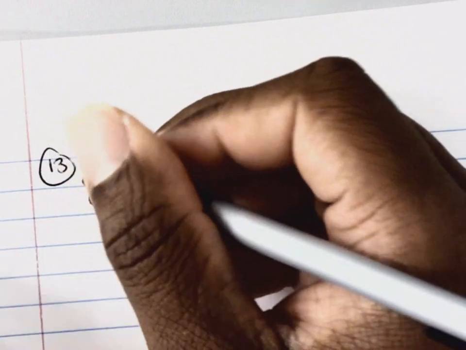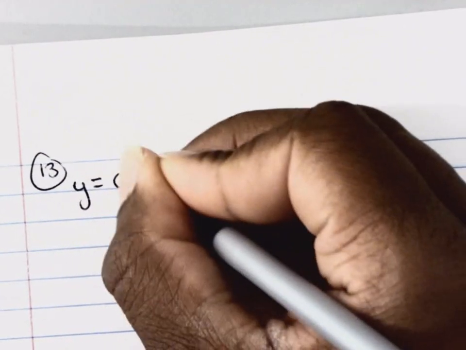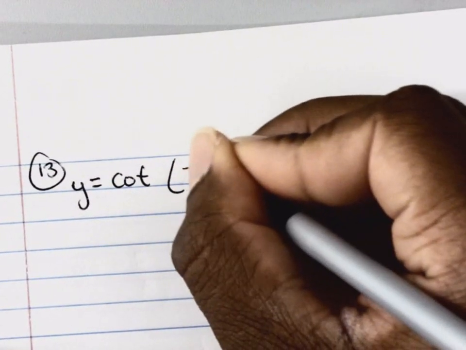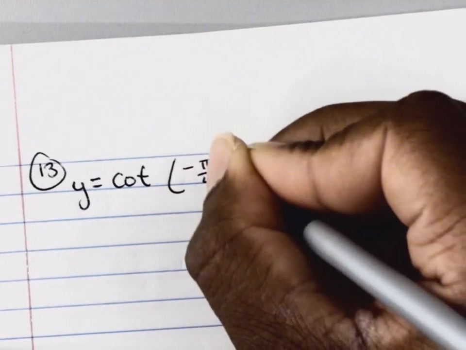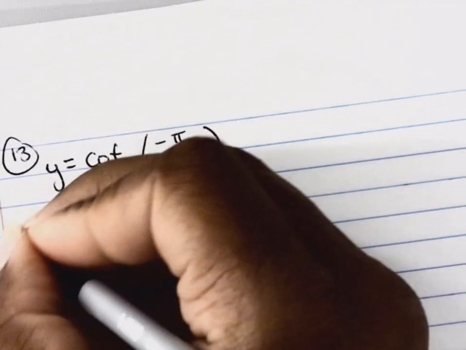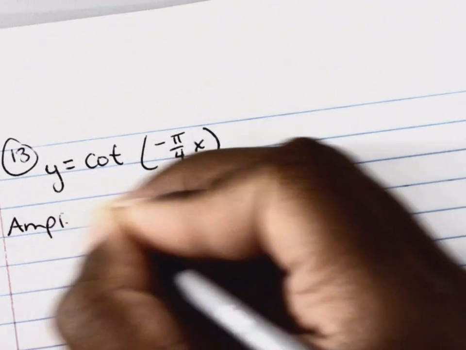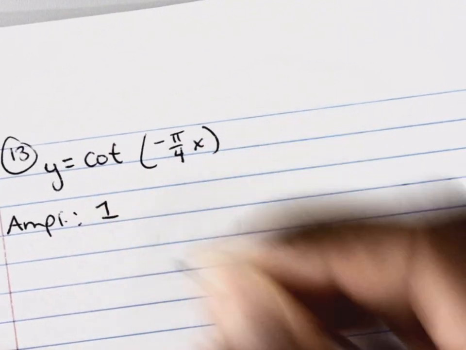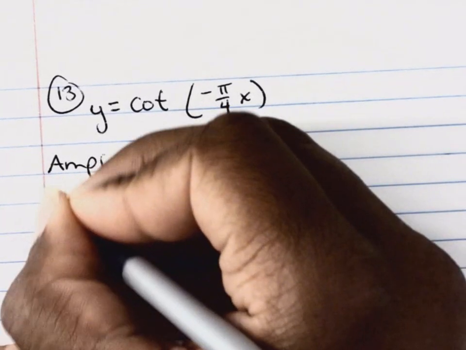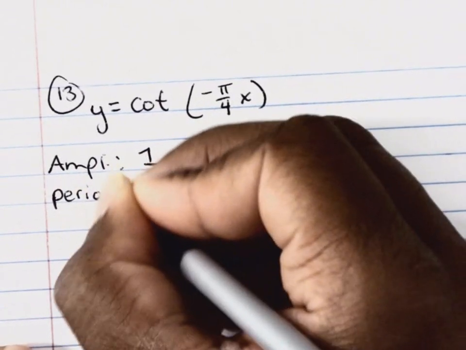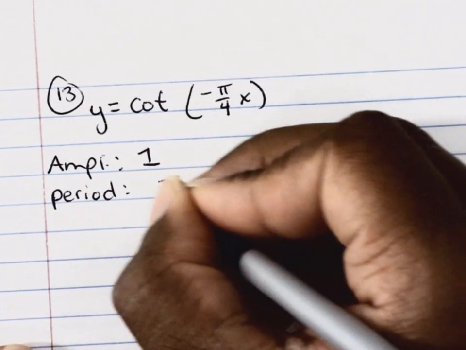Y equals cotangent negative pi over 4x. All right, amplitude the same as before. Here it's 1 since nothing got in front of it. For my period, this changes for cotangent because cotangent has a period of pi.